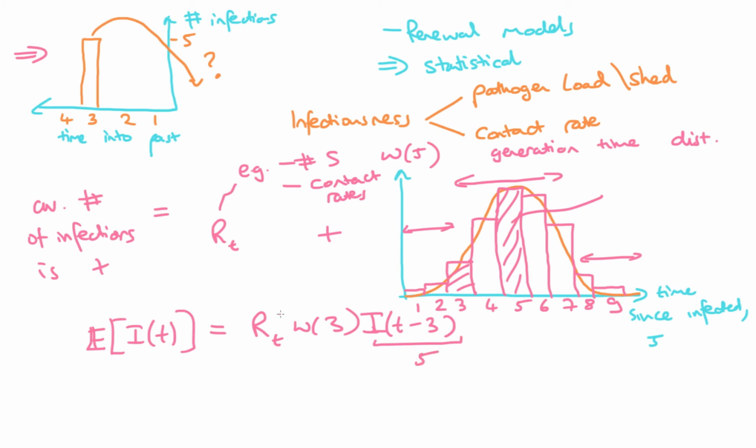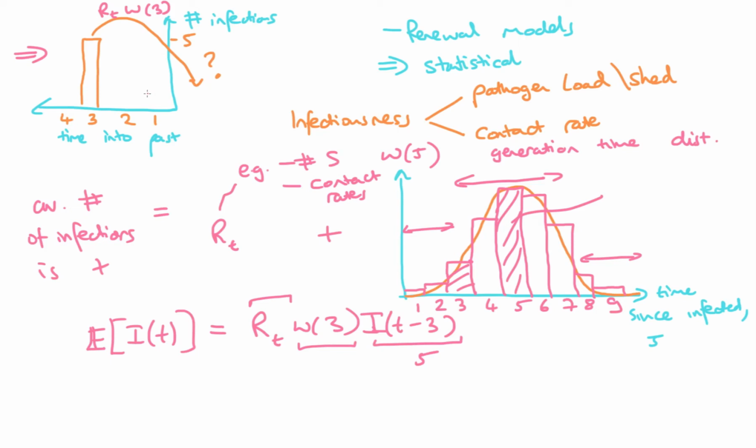Okay, so let's break that down. We've got 5 individuals who were infected 3 days ago, and then we've got the probability that 3 days elapses between a primary case and a secondary case, and we've got the number of infections which that individual tends to generate throughout the course of their lifetime. So in this example, all we've done is take our infection count 3 days ago and multiply it by R_t and by omega 3.